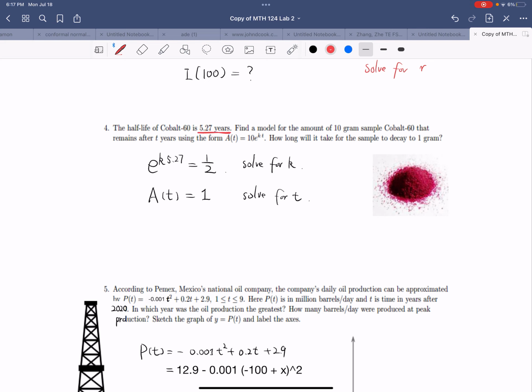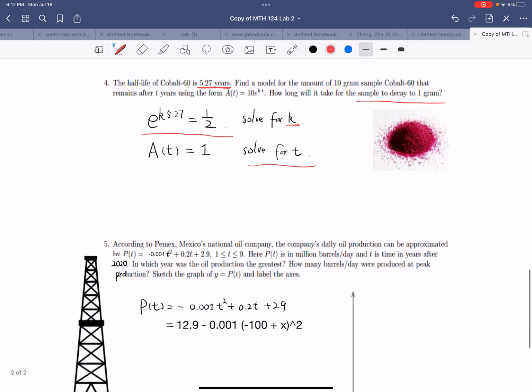That means e to the k times 5.27 equals 1/2, and by this relation you can solve for k. After you know k, you set the amount equals 1 and solve for t. That's the time that the sample decays to 1 gram.